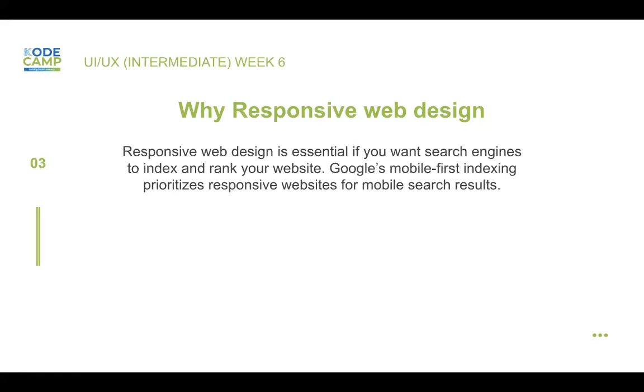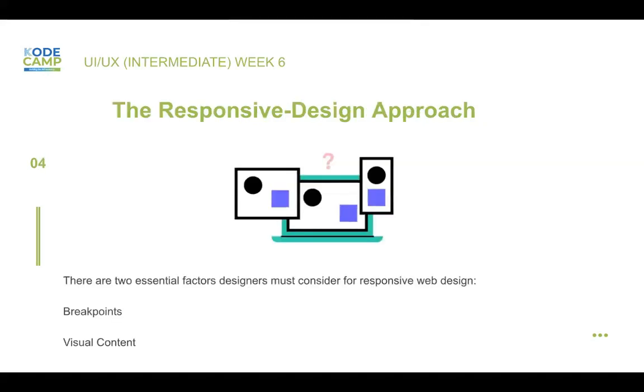Now, the next thing we'll be looking at is the different approach to responsive design. Once you want to start designing responsive design, you need to consider these things. The first one is breakpoints, and the second one is the content that you're using, the visual content.